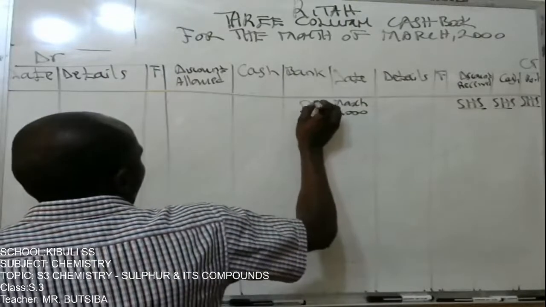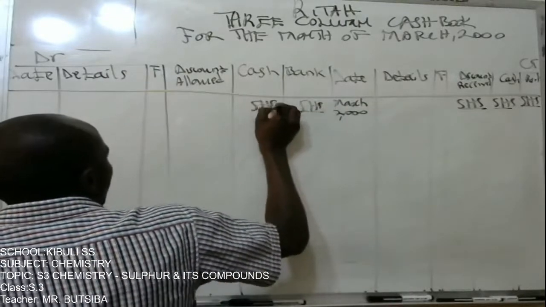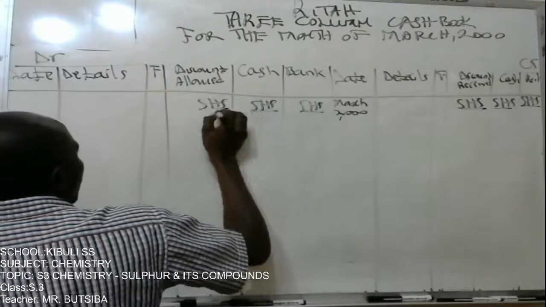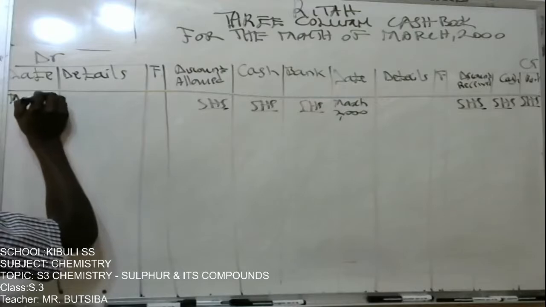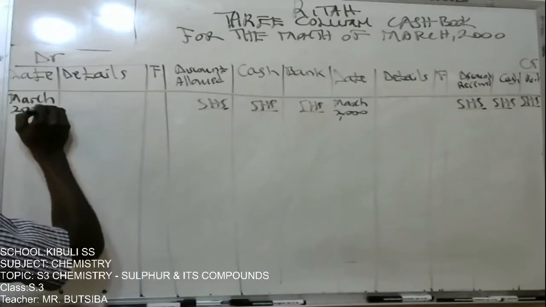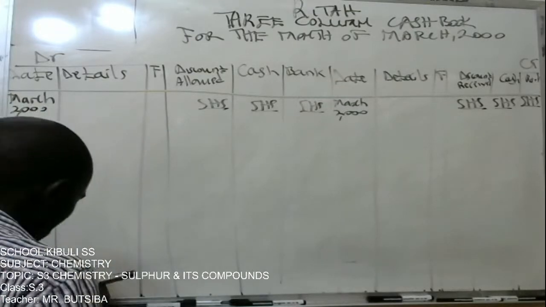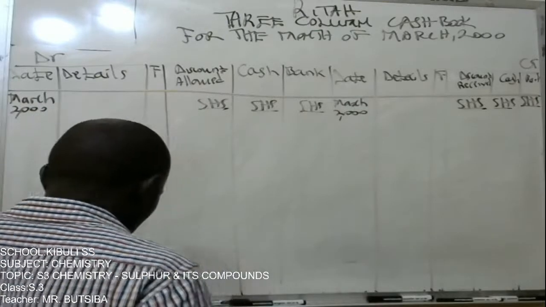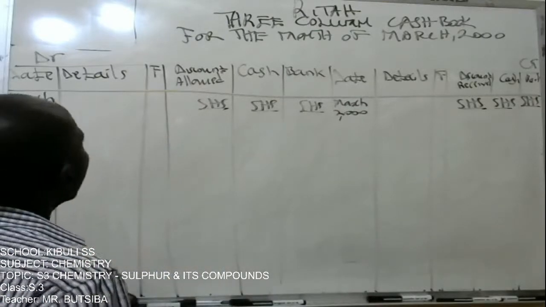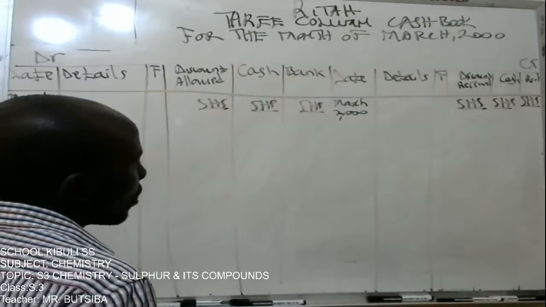Put the units, and then you come and put the month and year. If you can do that, you're just one step away from your success, because with the wrong format, you cannot get marks.